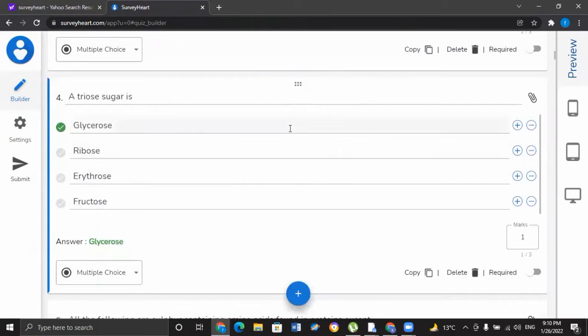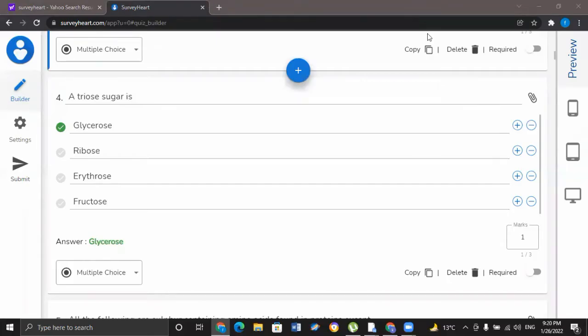Our triose sugar is... So the next MCQ: our triose sugar is triose.